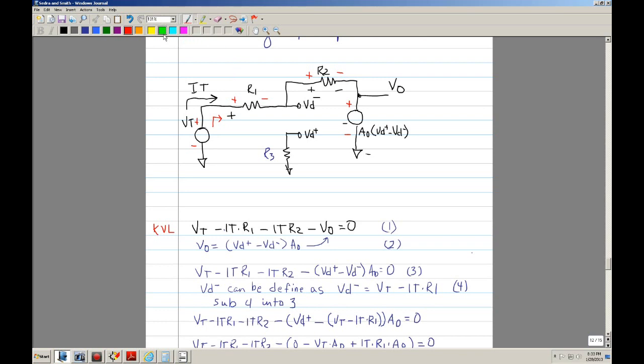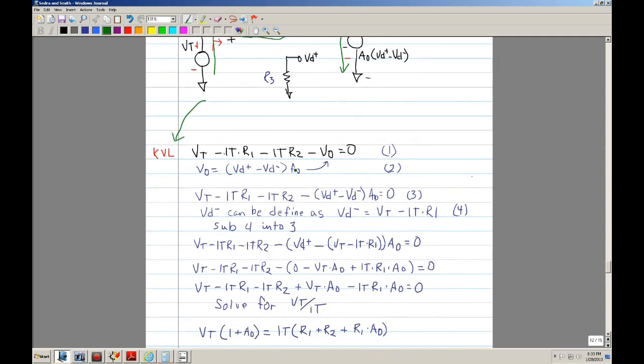Let's take this green loop. You're going to write an equation that involves VT, ITR1, ITR2, and Vout. That's the loop, which is equation 1. So you've got VT minus ITR1 minus ITR2 minus Vout.